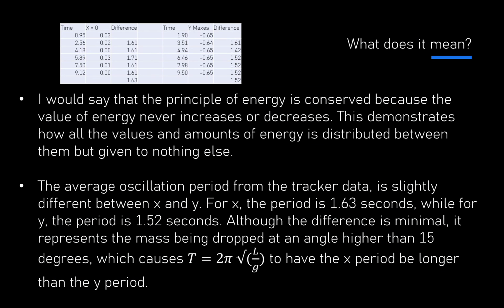The average oscillation period of the difference between x and y is represented in the period of 1.63 seconds for x and 1.52 seconds for y. And you might notice that there is a difference, and that's mainly because since the angle is higher than 15 degrees, it's going to cause T equals 2 pi, which is essentially just the oscillation period for a pendulum, to have the x period be longer than the y period.